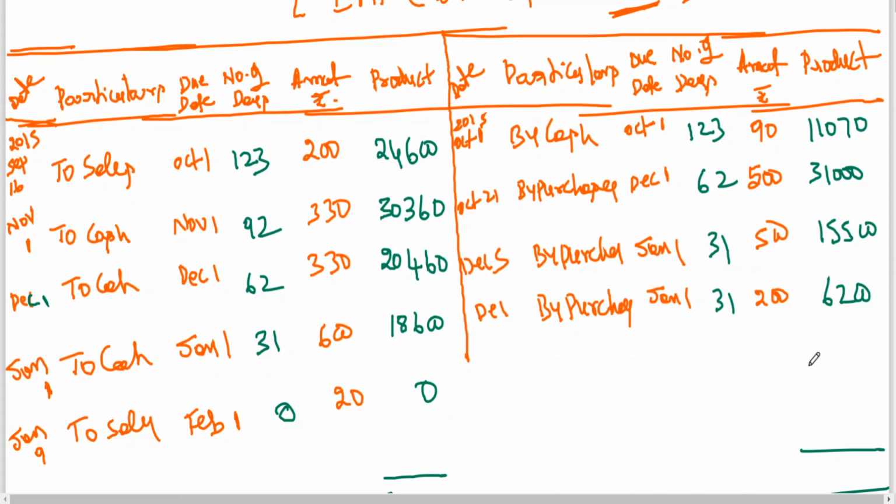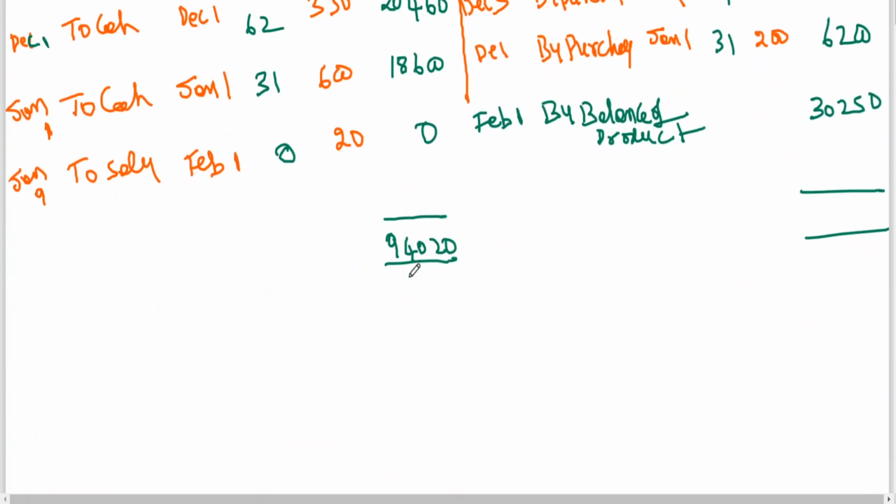I think the debit side is showing more. You are getting a balance of 30,250. This will be written on February 1st, by balance of product. Now this balance of product, which side is showing more? Debit side.